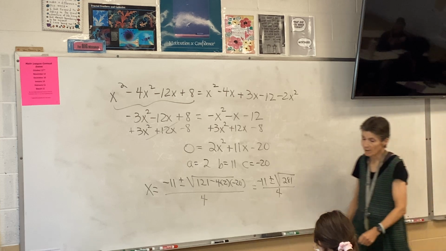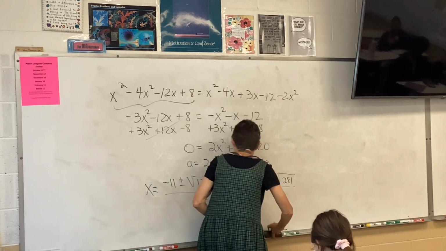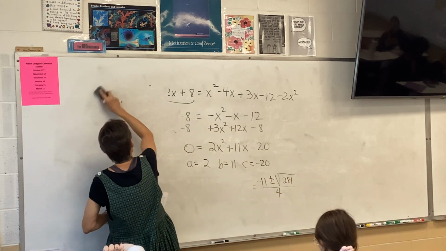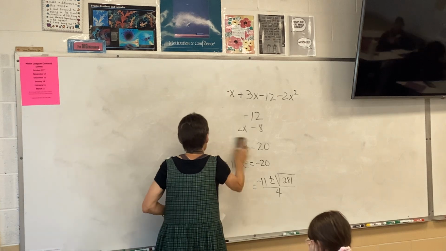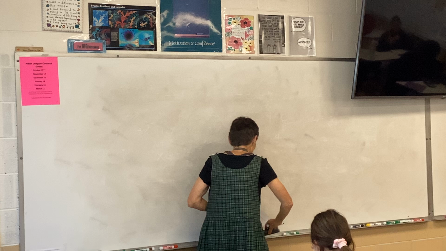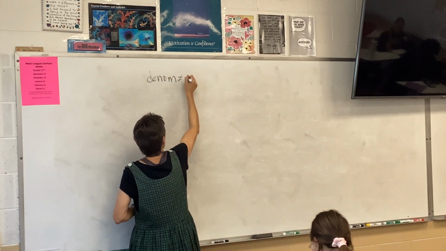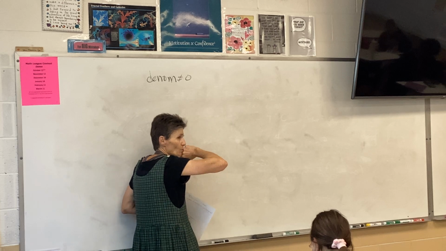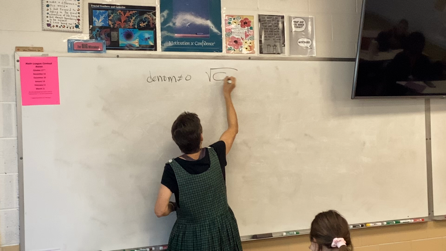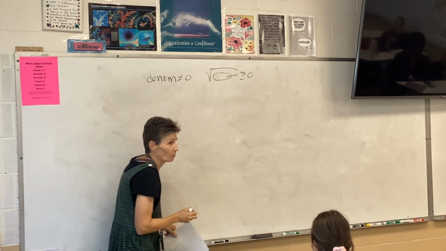All right, now we got a bunch of domain questions. So, for review, what do we have to pay attention to in the problem if we're going to do domain? Denominator, we know the denominator cannot be 0. What else do we pay attention to? If there's a radical, whatever's under it has to be greater than or equal to 0.